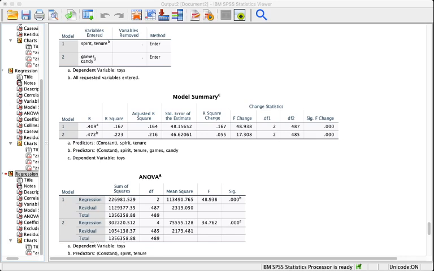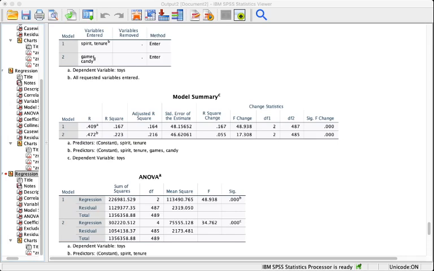This can also be called stepwise, I think, unless that's another. I think it can be called stepwise. And then we want to look at these change statistics because that tells us, was it useful? Did the variables added actually add meaning to the model?